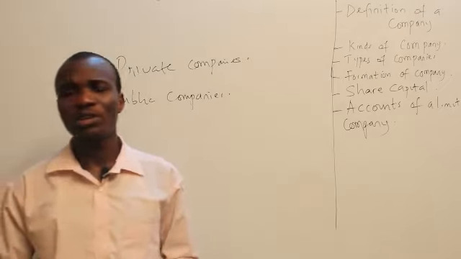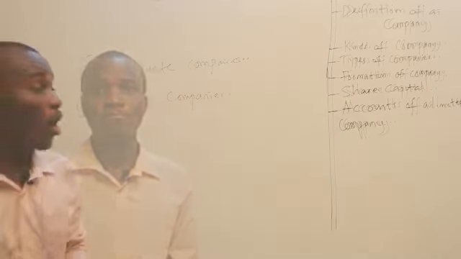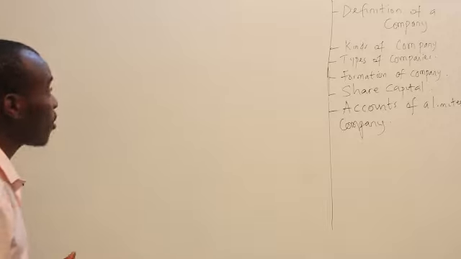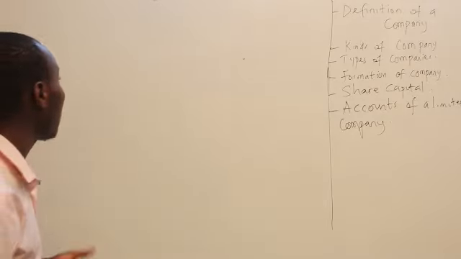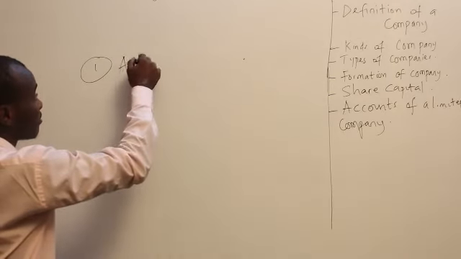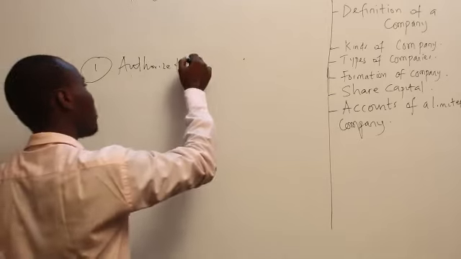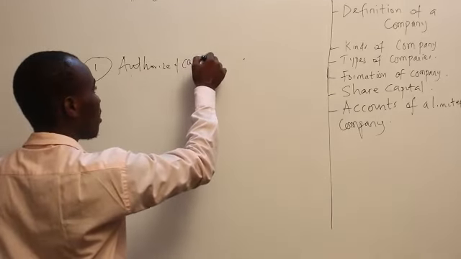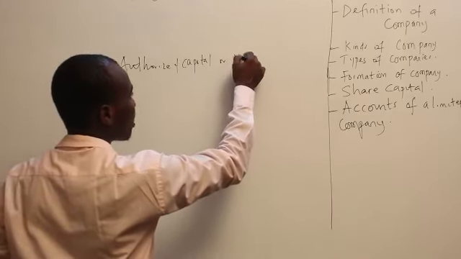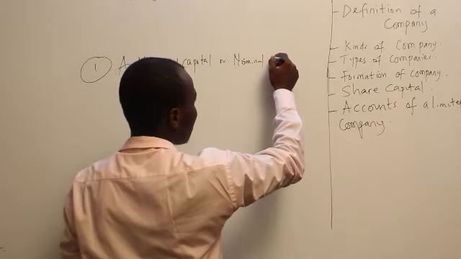So the next thing we'll be looking at is the share capital of a company. We have different types of share capital in a limited company. Number one, we have authorized capital, or nominal capital. It can also be called the registered capital.